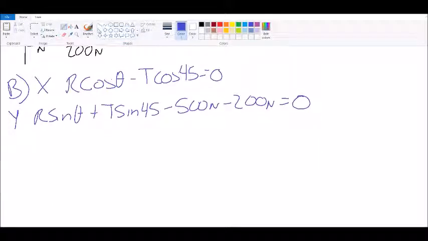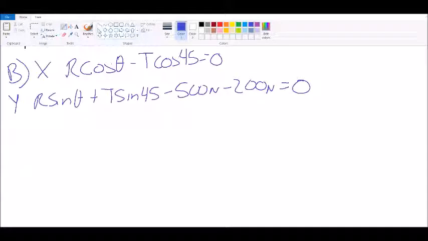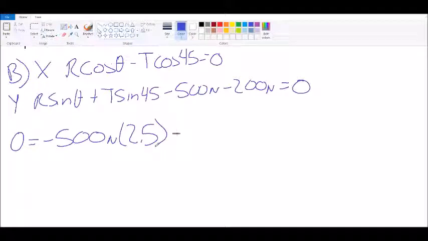So this is one of the equations, and we'll be using these later, but in order to solve for T, we're going to be doing the torques, and in order to do that, we're going to have 0 equals negative 500 newtons times 2.5, because that's the distance the man is standing. We're going to do 200 newtons, and we're going to multiply it by 3 because that's the middle of the beam.